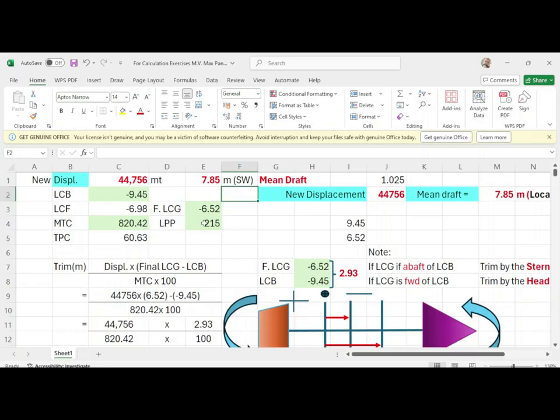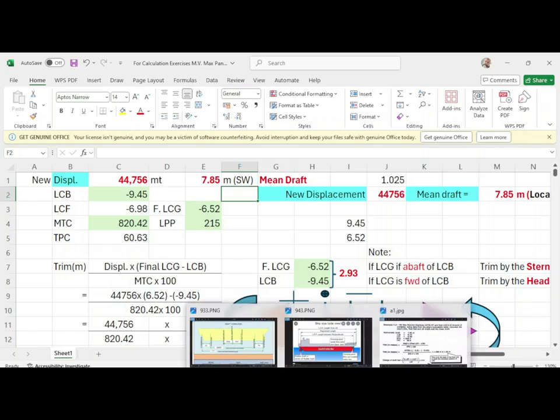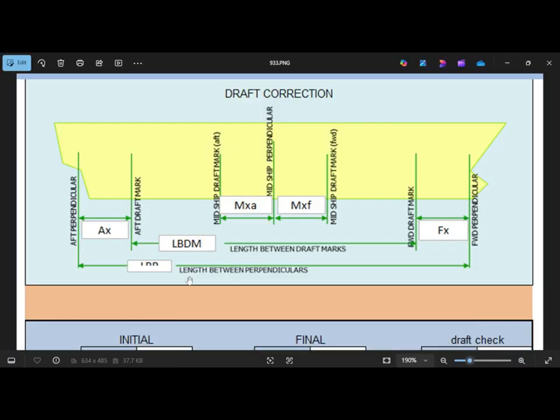And this LPP, where can we find it? LPP is the length between perpendiculars, from your aft perpendicular to your forward perpendicular.